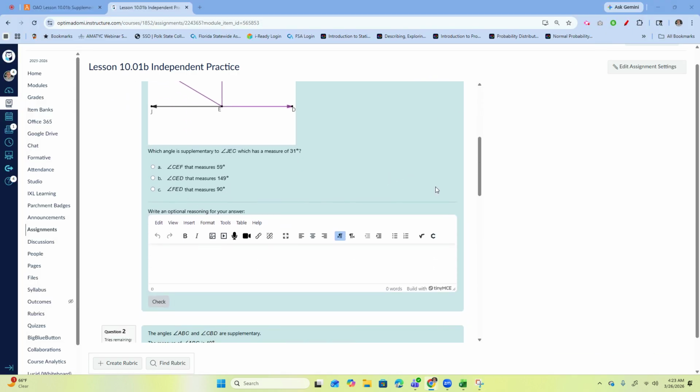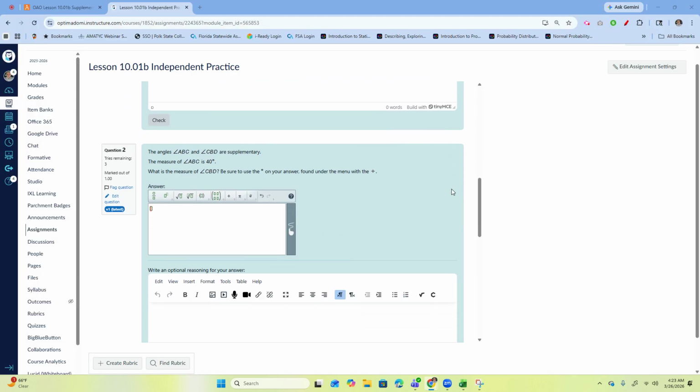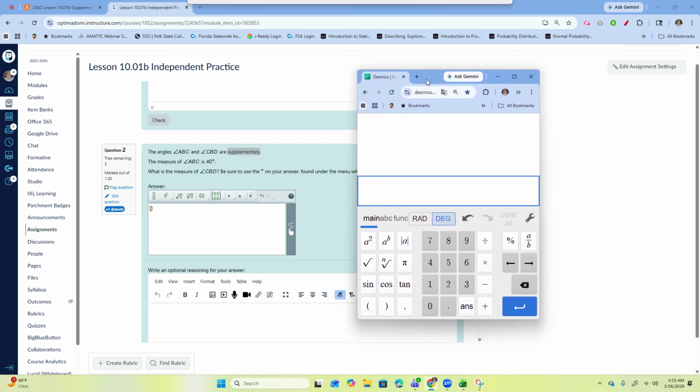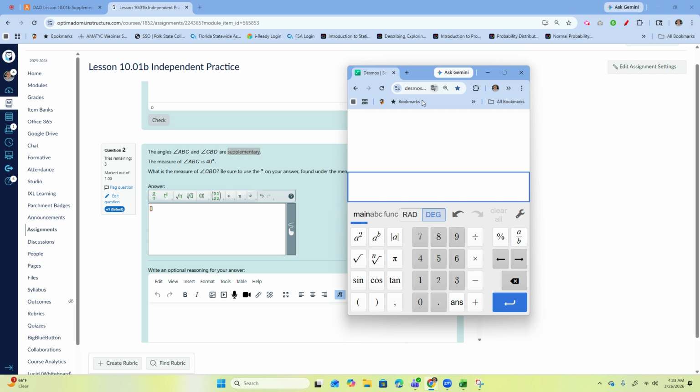Now, the next problem, there are no pictures like in the previous problem. However, you're going to see the keyword supplementary. Every time you read that word, supplementary, it means you are working with angles that add up to 180.